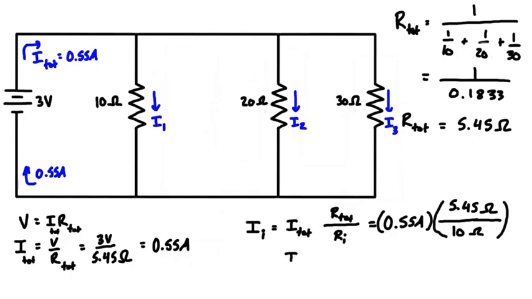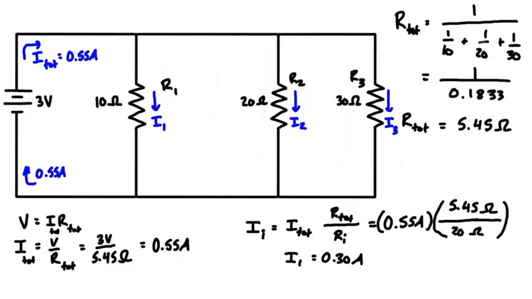Let's label these on to be super clear. This is R1, this is R2, and this is R3. So I1 is just equal to 0.55 times 5.45 divided by 10, and that gives us a value of 0.30 amps.